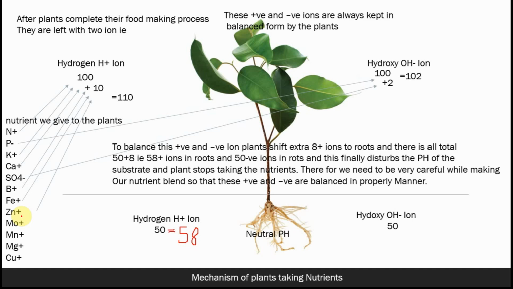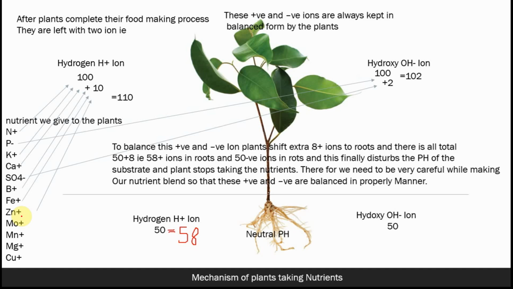Plants would stop taking nutrients, and at the end of the day, plants would either have nutrient deficiency diseases, show some deficiency signs, or just go dead. So we need to be very careful while making our nutrient blends for our plants in our hydroponic system.